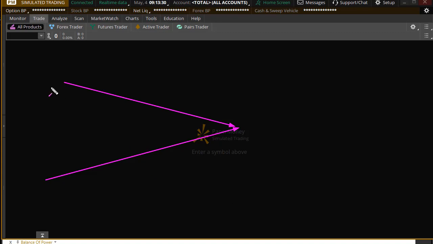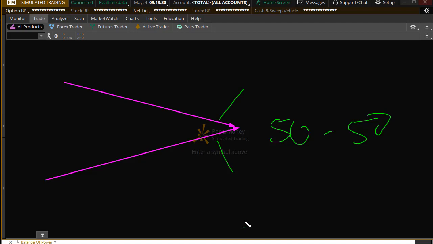Now, in that symmetrical wedge, if you take in enough data on this, what you're going to find is this pattern will often have about a 50-50 directional on it. And what I mean by that is about 50% of the time it's going to break to the upside, and about 50% of the time it'll break to the downside.